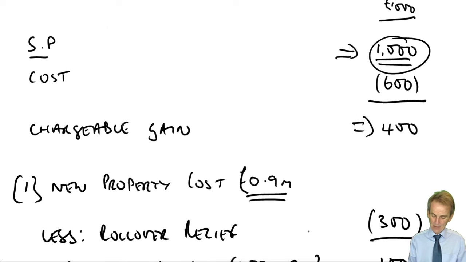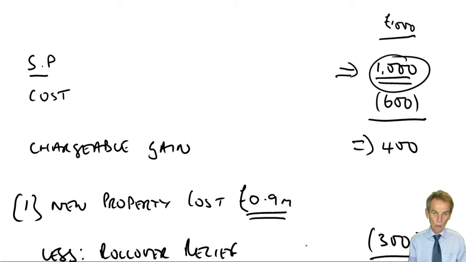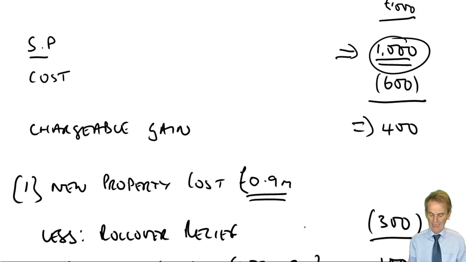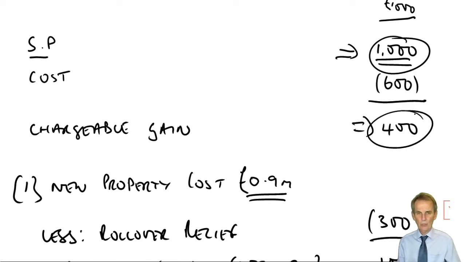Now, back when you had the original disposal and purchase, all of the gain of 400,000 was eligible for rollover. How would you have rolled it over? You would have deducted it from what was then a property cost of 1.2 million. That means that its allowable cost would have become £800,000.